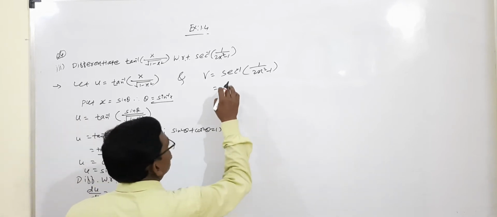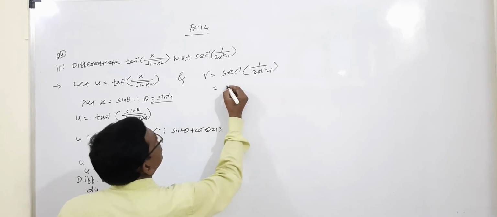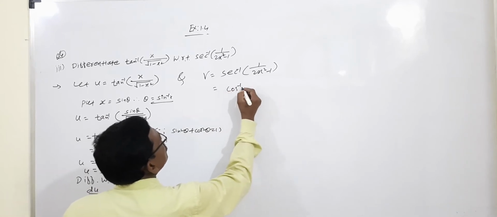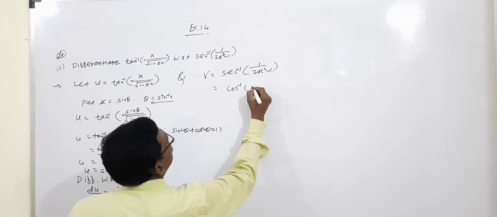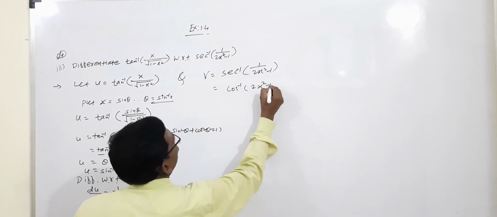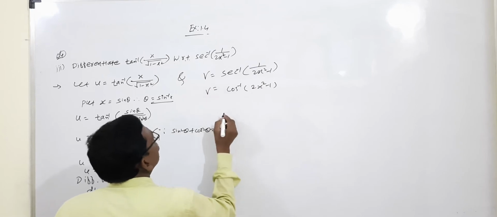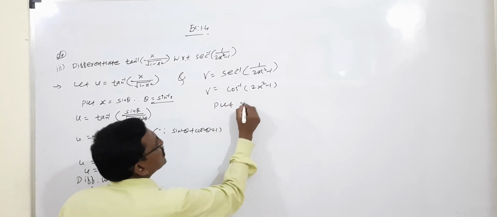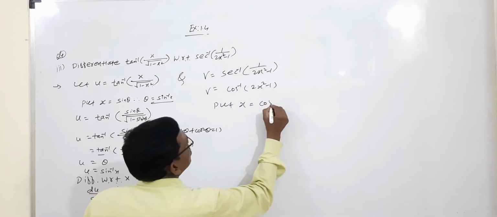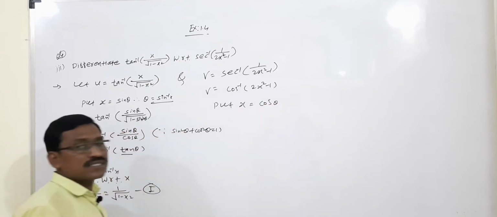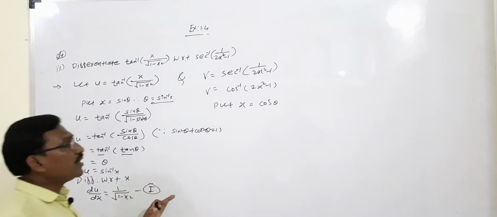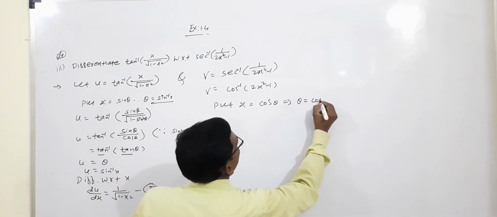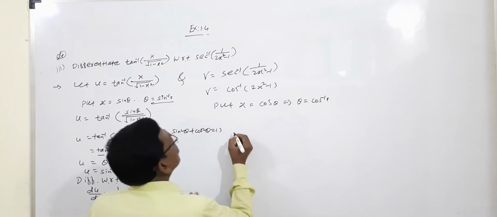Again we use the property: its inverse function is cos inverse of its reciprocal, 2x square minus 1. Now put again x equal to cos theta, and therefore theta equals cos inverse of x.